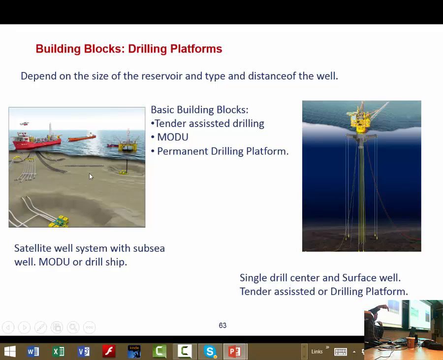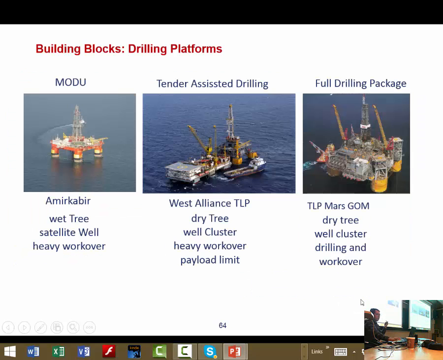And for some services, you need direct vertical access. But if you have a single drill center, like this case, which is a TLP, and a surface well system, then you can give all the services for the well from the floating production unit, and then you have two choices: tender assisted or a full drilling package on the platform, which is called a drilling platform as well.